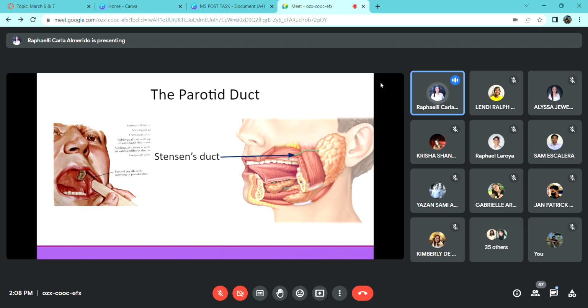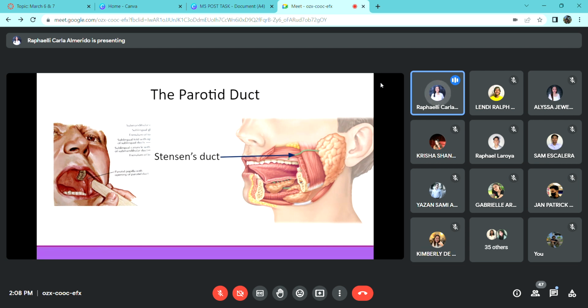So this duct is approximately 5 centimeters long and it crosses the masseter muscle and then it turns inward, piercing the fat pad of the cheek, then the buccinator muscle, and into the mouth opposite to the maxillary second molar.